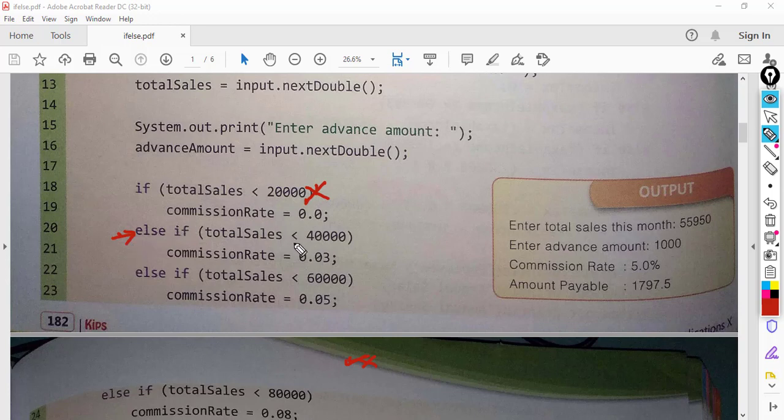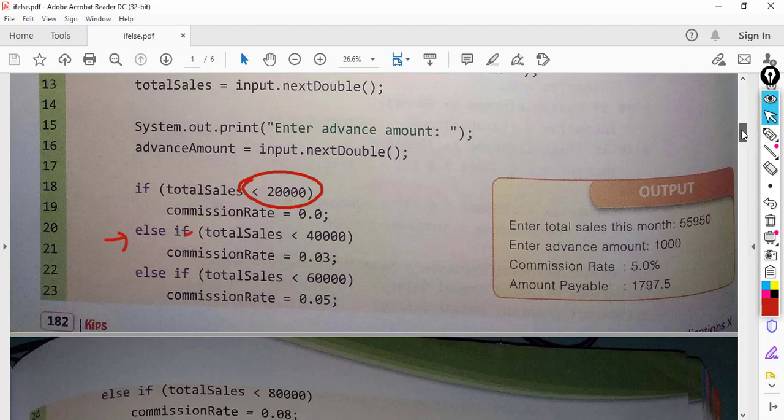Here we are checking whether the total sales is less than 40,000. If the control came to this line, we already know that it is greater than 20,000. Since this condition has failed and the control is here, definitely the total sales is greater than 20,000.